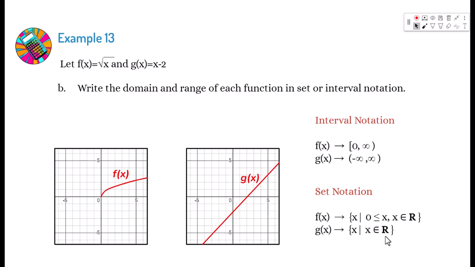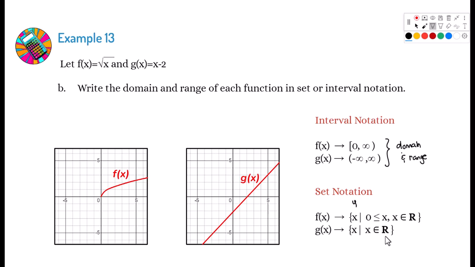Now I noticed that we didn't put our range in here, so let's go and put that. The range is not going to look too much different here. We could actually say this is also the domain and range notation right here. However, in the set notation, we would need to change this to y.